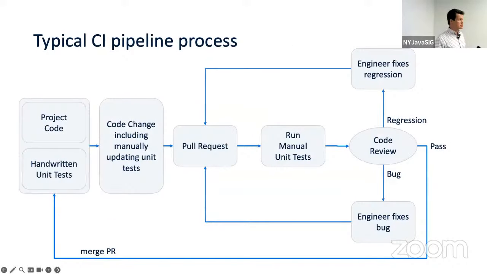If we have a look at that in terms of a CI pipeline, this is sort of the GitHub view of the world with pull requests. Here you've got your code on the left, you've got your handwritten unit tests, and you come along and make a code change. You change your code, you update the unit tests, you add some new unit tests, you might delete some unit tests, and you kick off a pull request.